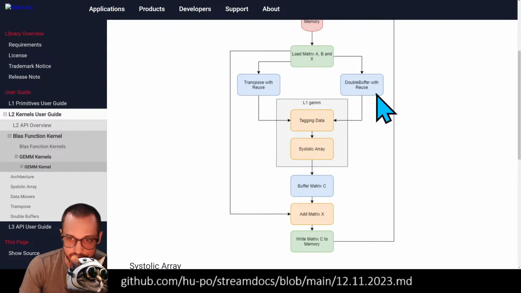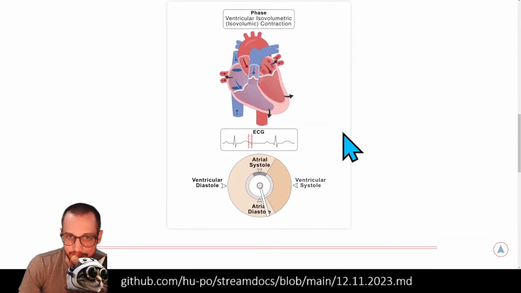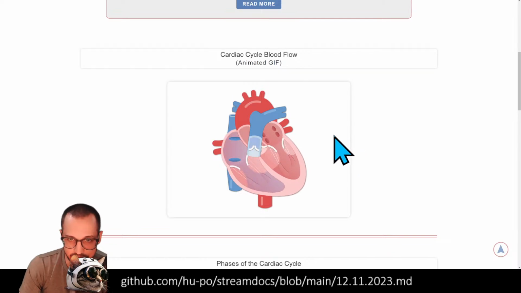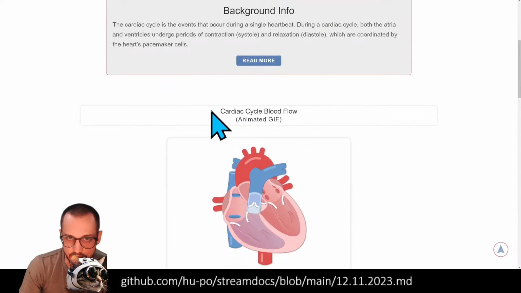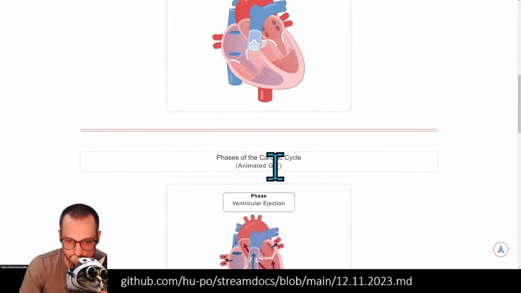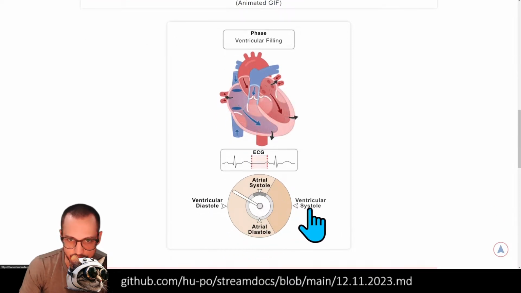You have this transpose, you have a double buffer, you have a systolic array, and I had to look that up, but systolic comes from the heartbeat. In your heartbeat, you have the cardiac cycle, which has two parts: the diastole and then the systole.